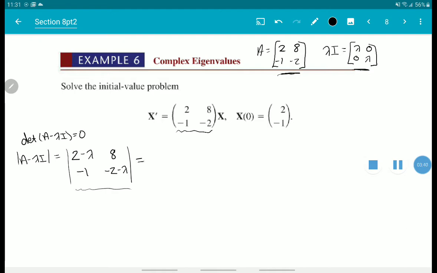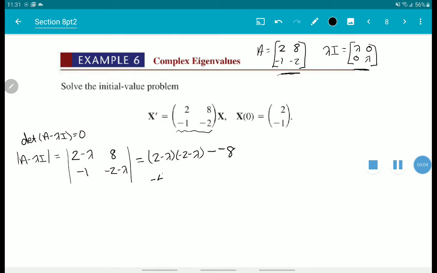So if we find the determinant, this is a 2 by 2 matrix. So we're going to multiply these components together, subtract, and then multiply these components together. Now I'm going to simplify this.